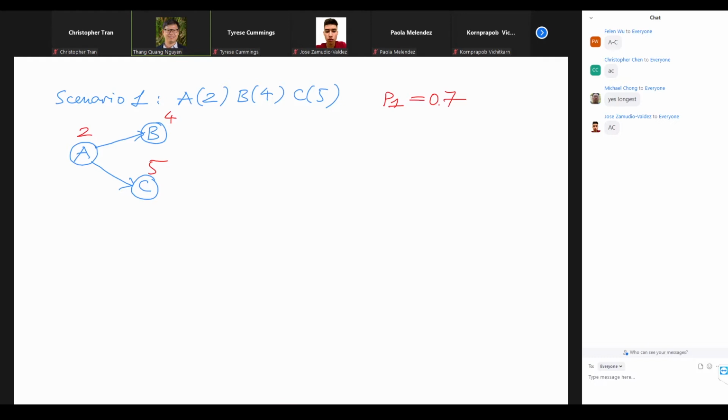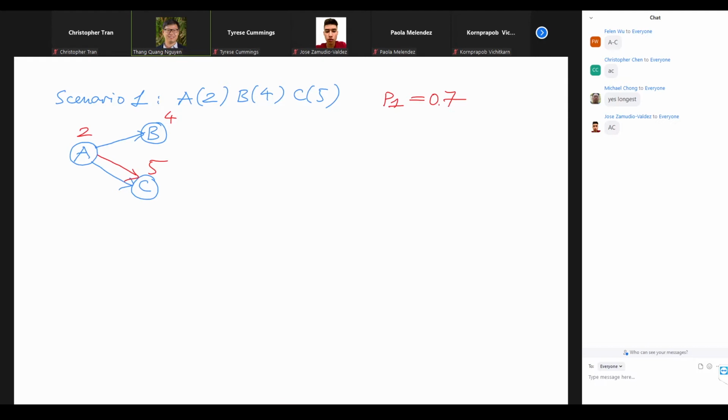So in this case, there are only 2 possible pathways through the project, either AB or AC. And we notice that AC is our critical path because it is the longer between the 2 pathways.